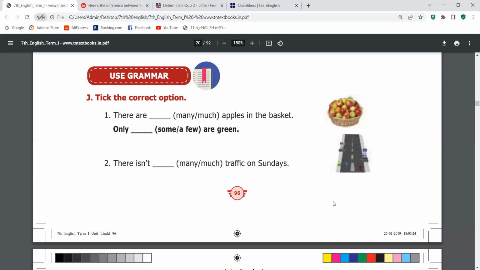Muchங்கிறது uncountable nounக்கு உபயோகிக்கக்கூடிய வார்த்தை. So in the first blank we need to fill in the word. I expect a response from students. There are many apples in the basket. Only dash are green. அதுல சில பழங்கள் தான் பச்சை நிறத்துல இருக்கு.